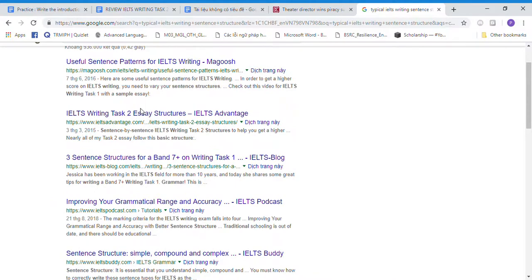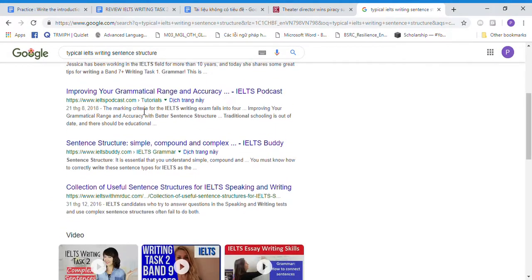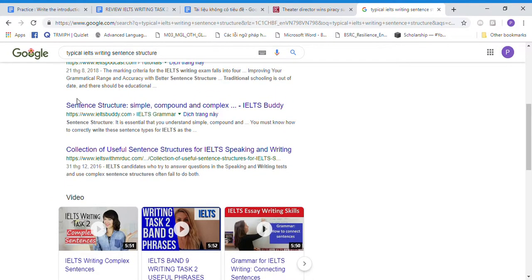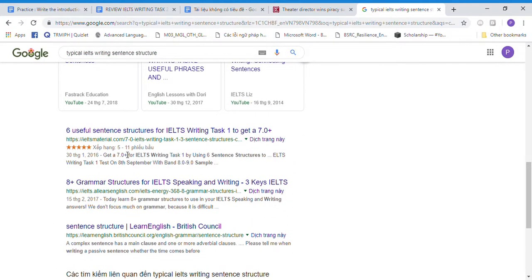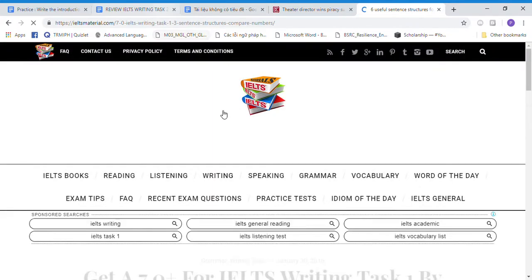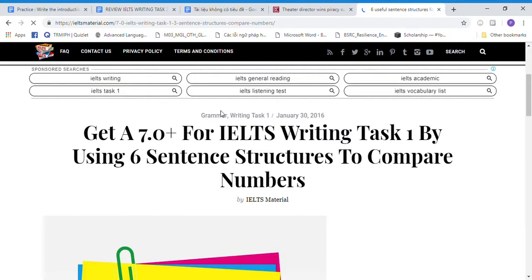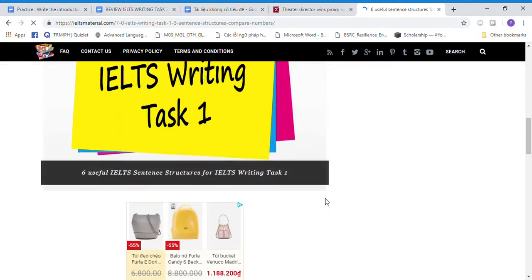But normally these websites just have a few, but take a look at some of the useful sentence structures to get 7+ on the IELTS writing test 1. I don't believe in this, but you know, just check it out.